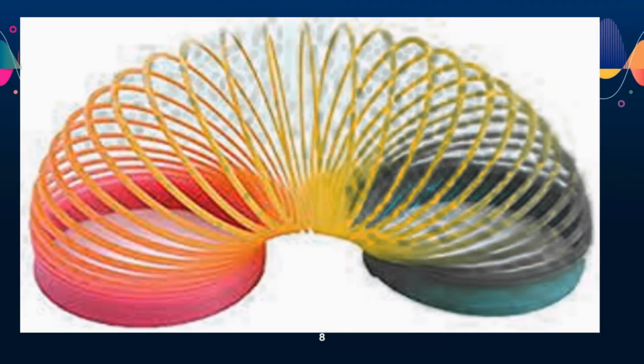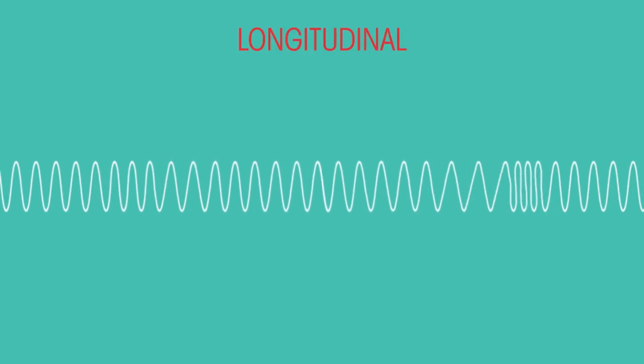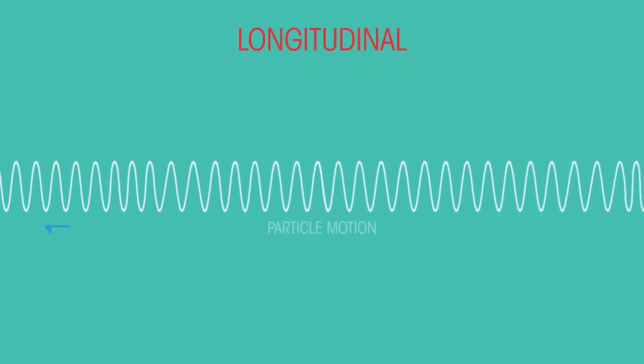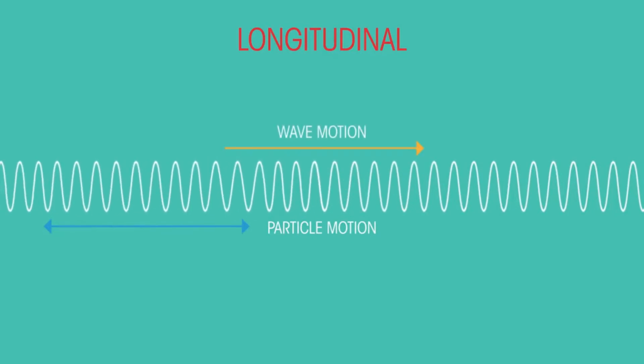Try to look at this slinky toy. Have you tried playing this one? If we stretch it, it will assume an equilibrium or rest position. However, when the first coil of the slinky is repeatedly moved from left to right, it will start to move.